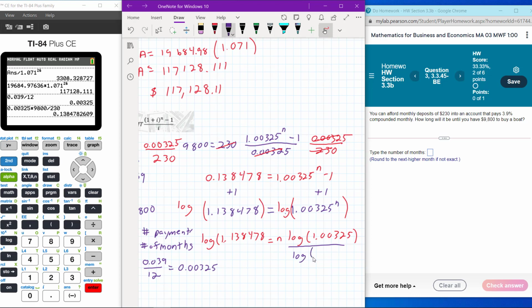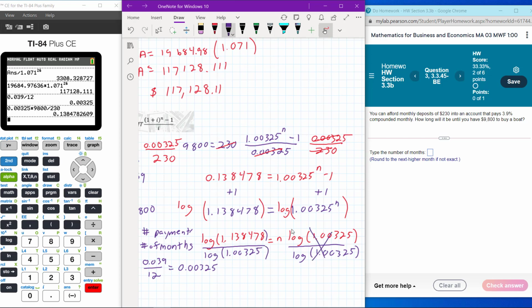Log of 1.00325 over here. I forgot to close that parenthesis. Log of 1.00325.